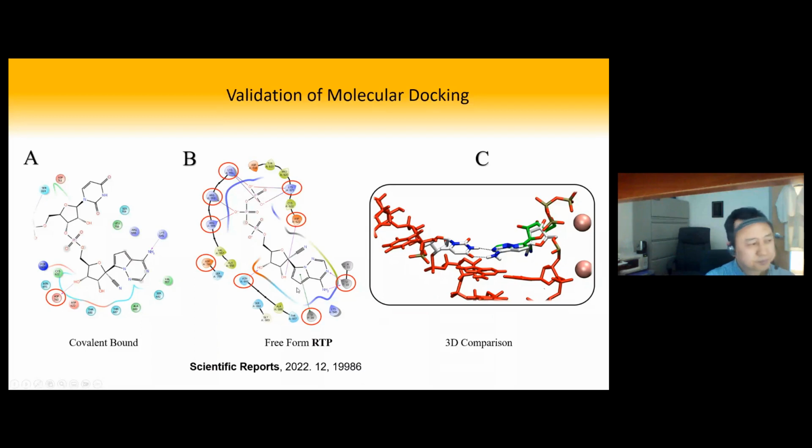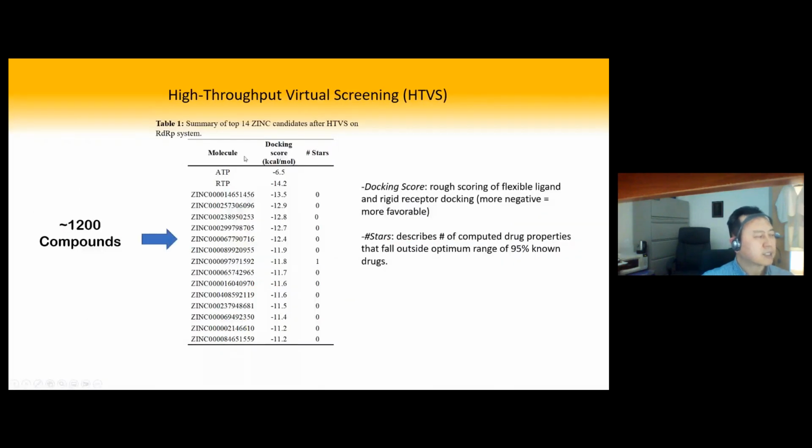That gives us confidence in our structure. Here, using the docking score, we picked the top compounds, and we used the ZINC database because all those compounds are available commercially. We can simply buy them and test them.